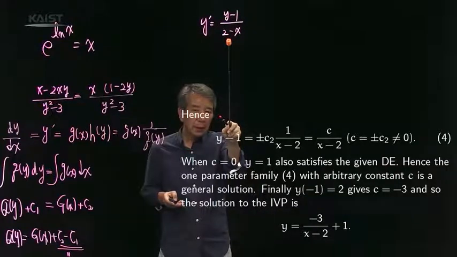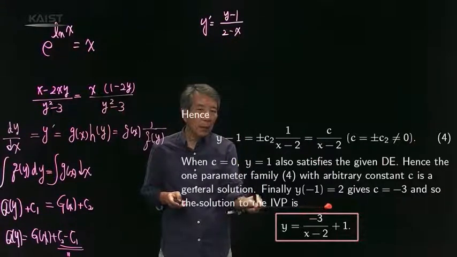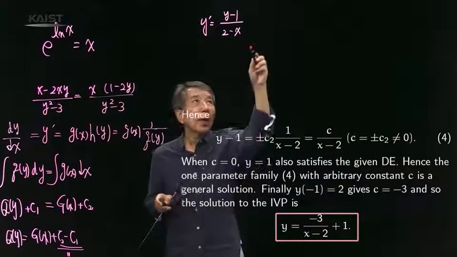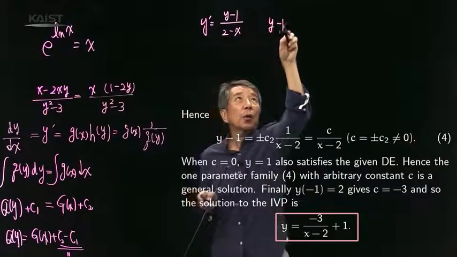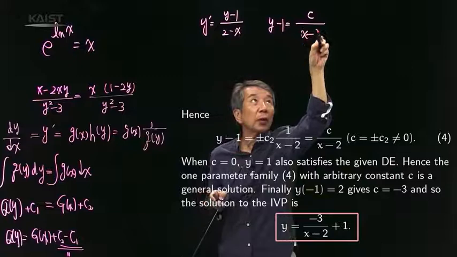Now let's consider the given initial condition, which was y of minus 1 is equal to 2. From this expression you have the general solution y minus 1 is equal to c over x minus 2.